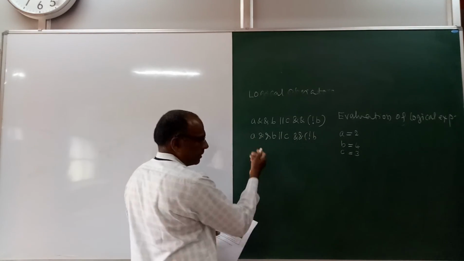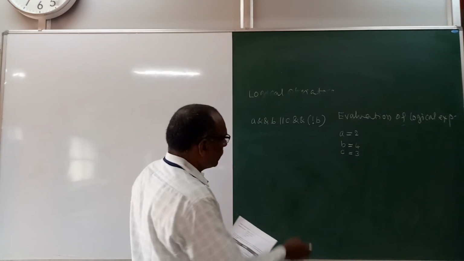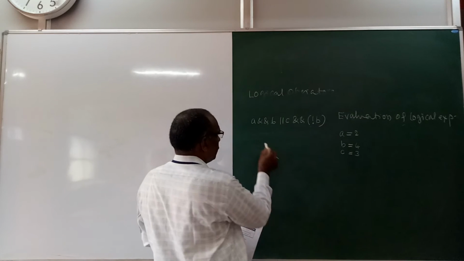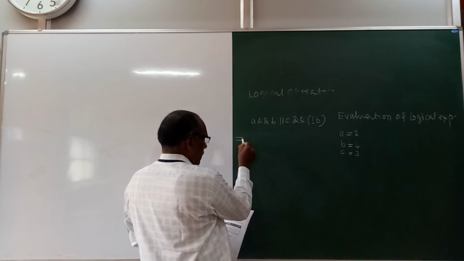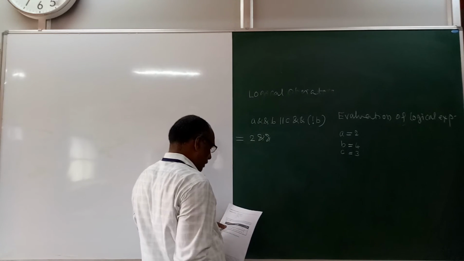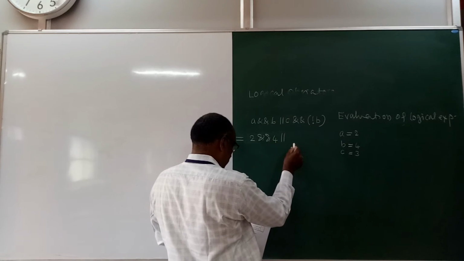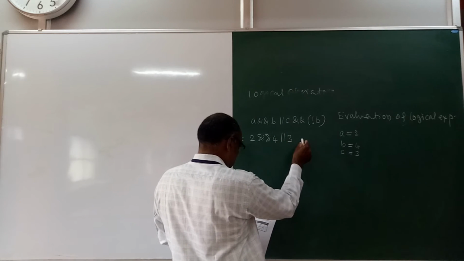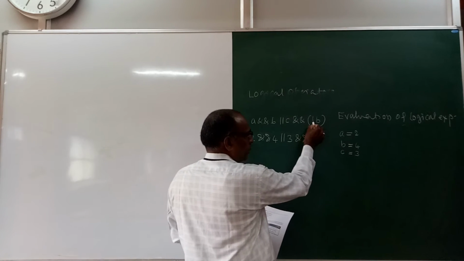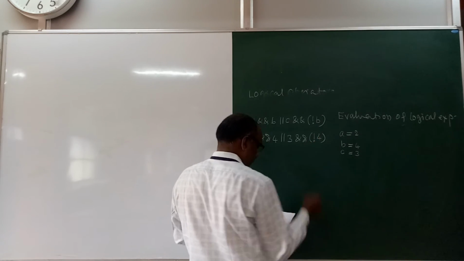Let me substitute the values: A is 2, B is 4, C is 3. So A is 2, AND operator, B is 4, logical OR operator, C is 3, AND operator, and NOT 4.